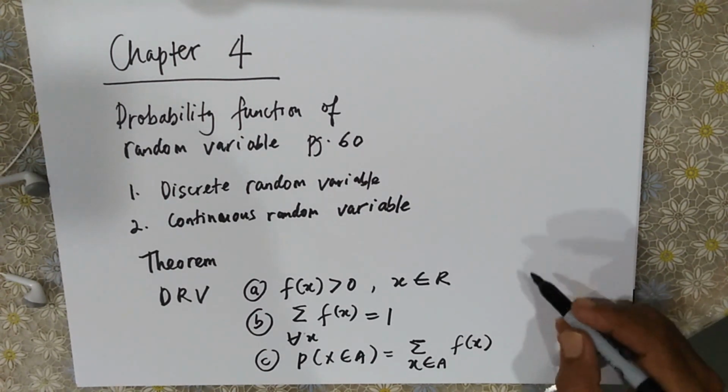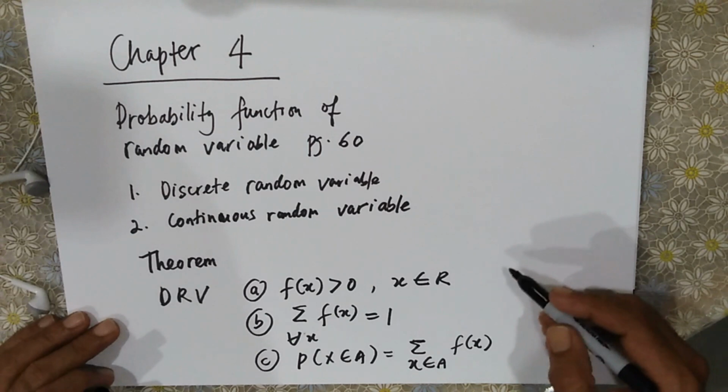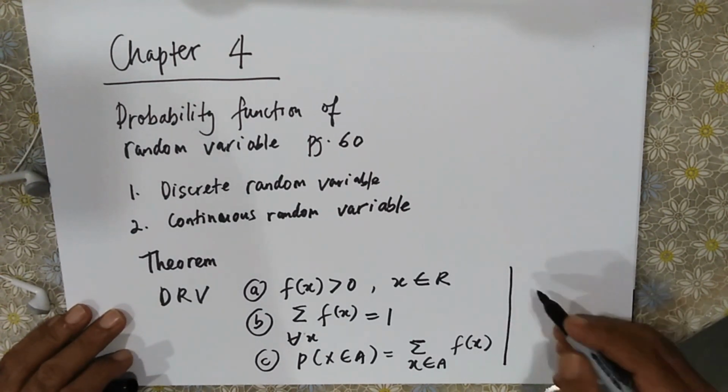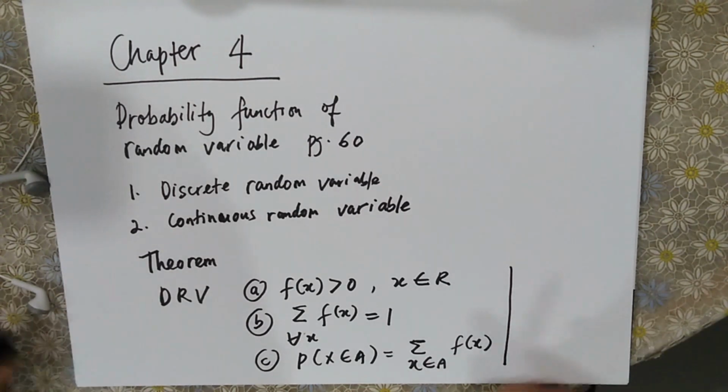This is the theorem of probability function of random variable, for the case of discrete random variable.